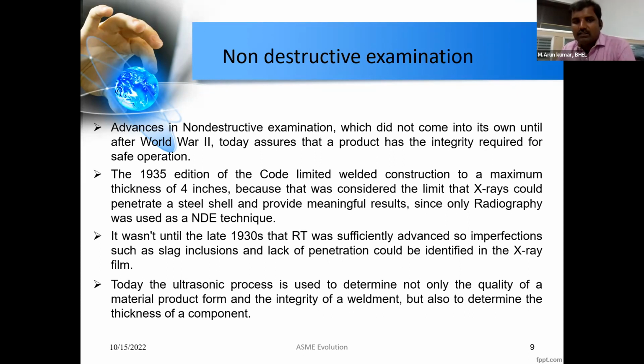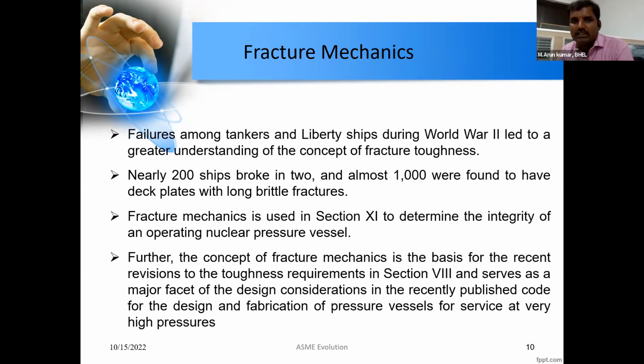Then nowadays, many NDE techniques have been developed like PT, UT, MPT, where UT detects the thickness of the material, and eddy current examination, which gives wall loss in the material. So these developments were reviewed in 1996.